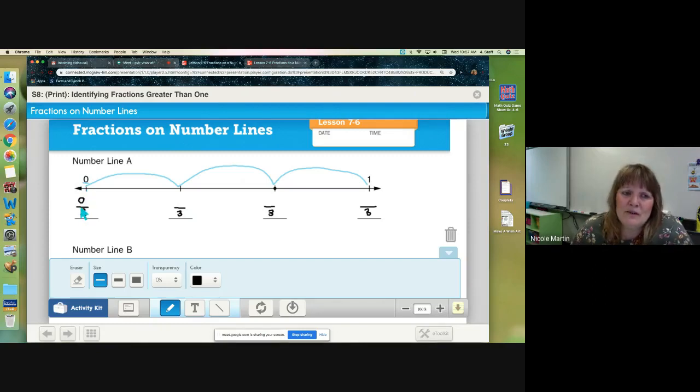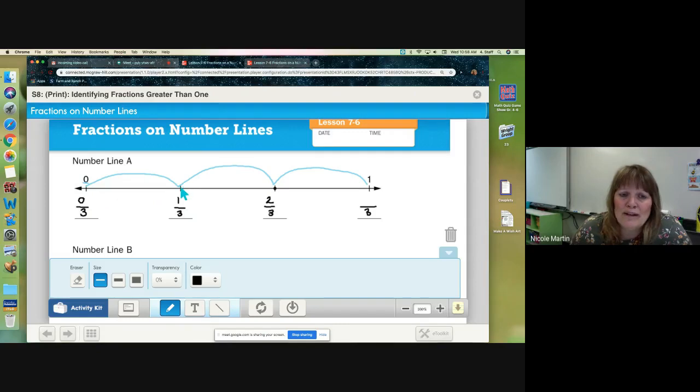So we start with 0/3. Now as we travel this first hop, we end up at the second hash point. So right here we have 1/3. And then the next part will be, you got it, 2/3.